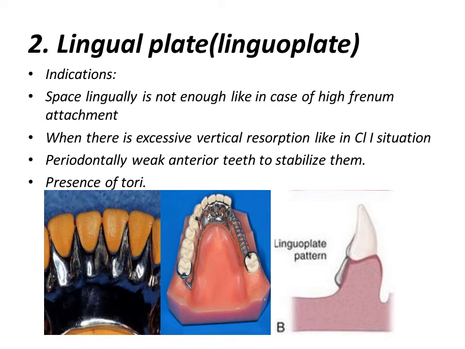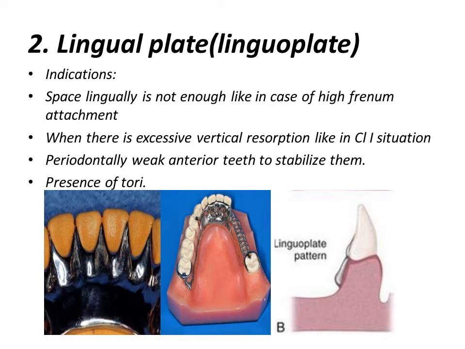Space lingually is not enough, like in case of high frenum attachment. Space is not enough for a mandibular major connector. So what do we do? We place a lingual plate because there is a high frenum attachment, and we extend it on the cingulum of the teeth.